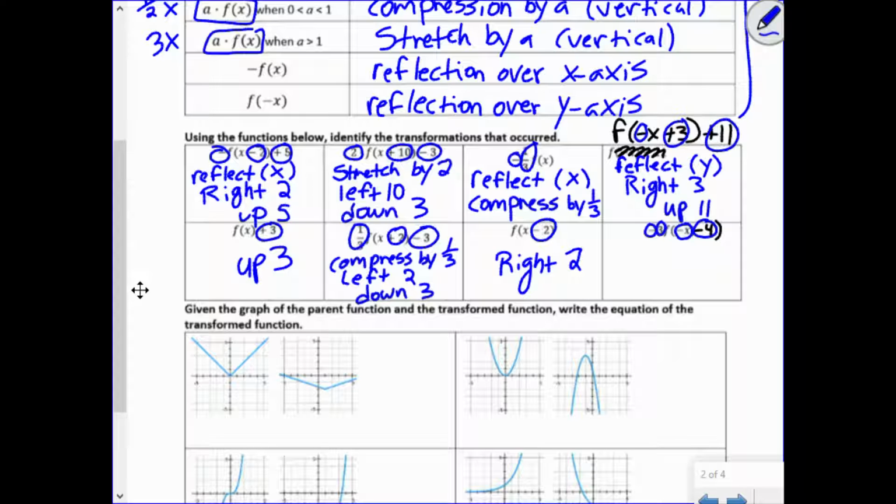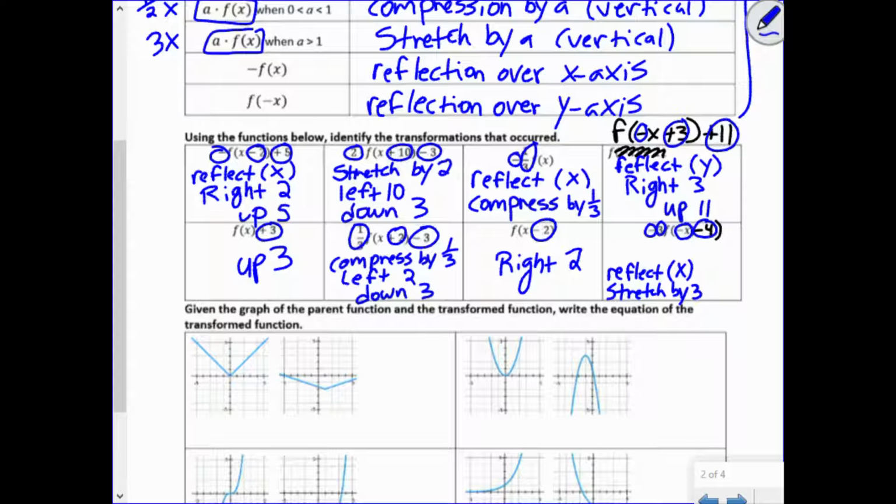Alright, so what does the subtraction do right there? So the first, we're going from left to right, so the first one is a, what does that mean? Yep. Reflect. What does it do on the outside? X axis. Alright, what does the 3 do? Good. It's more than one. So a big stretch.